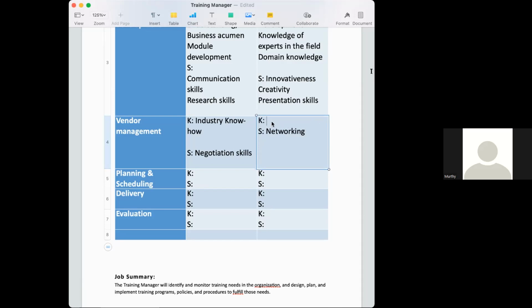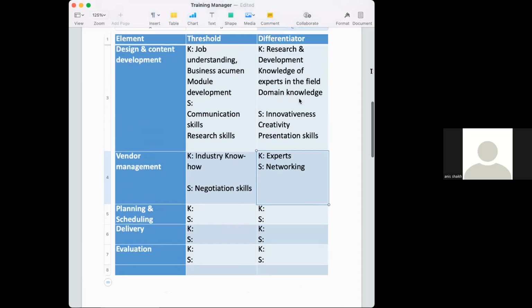vendor management. Sorry. For vendor management, his skill should be one level higher, so he should have vast knowledge about the industry, the expertise. No, we have written in the threshold industry knowledge, so assume that this threshold differentiator is the boss of this particular person.